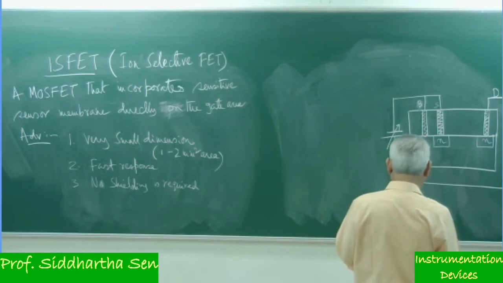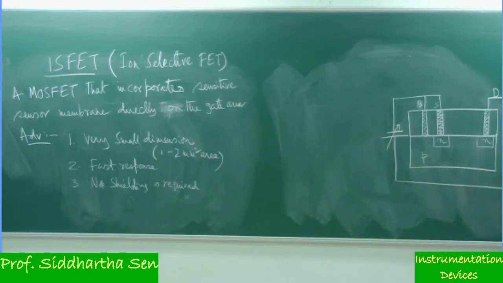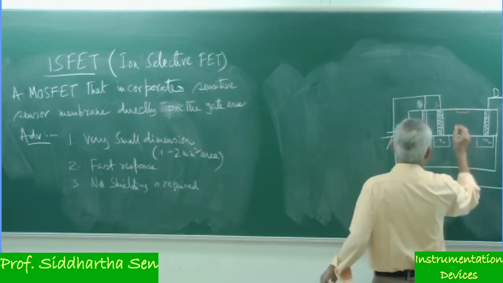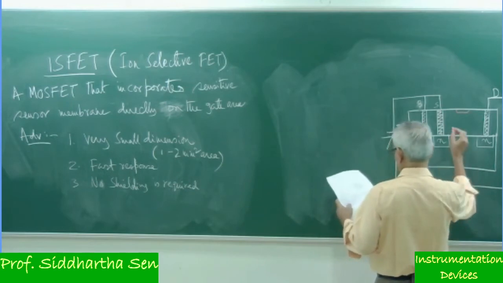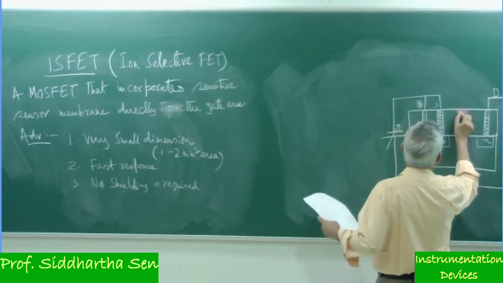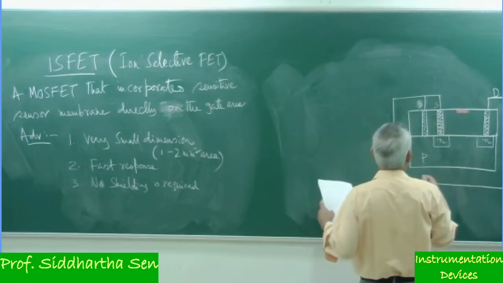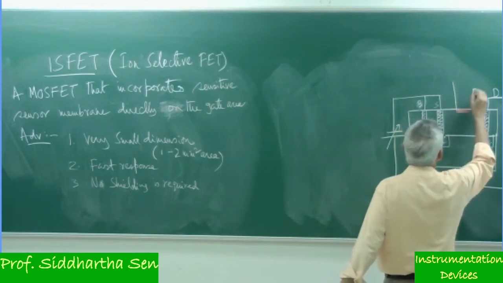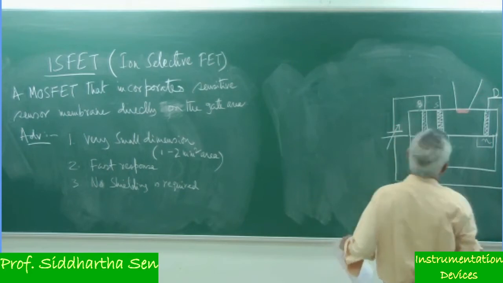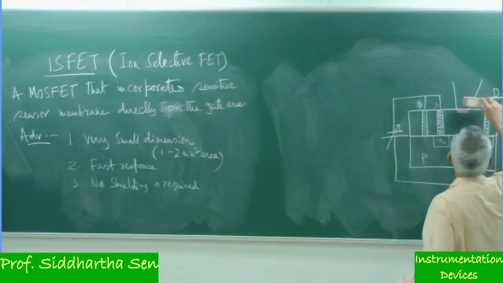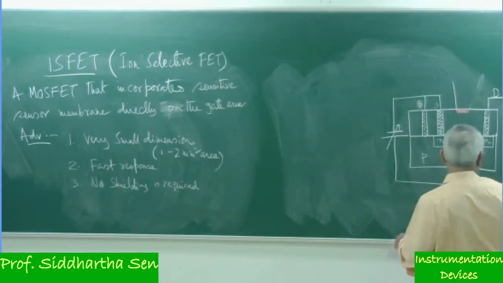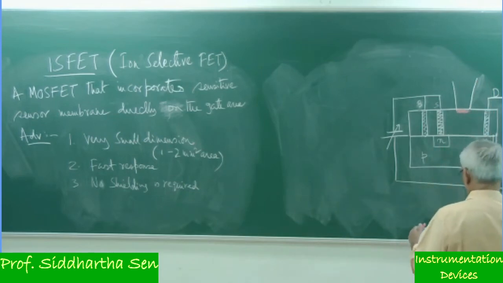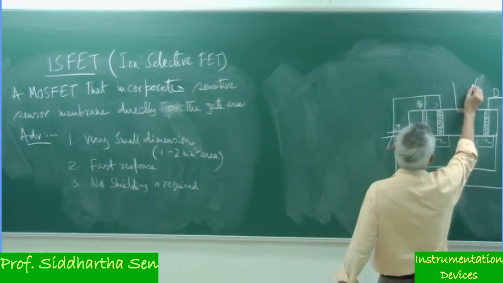So this is the substrate, and here we have the gate area where there is an insulator, and over there what we do is make some sort of cup where one or two drops of liquid we can pour on it.